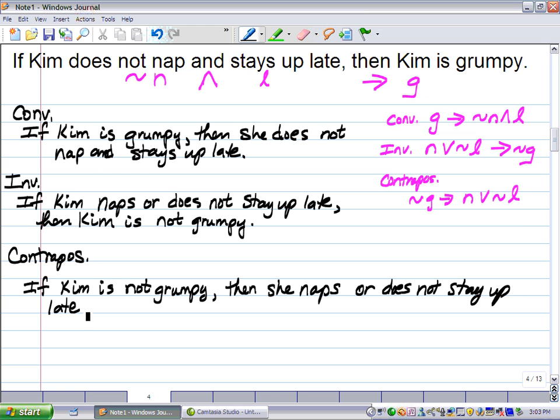And that means the same thing. So the original and the contrapositive mean the same as each other, and we'll use that fact when we look at the logical arguments in the next segment.